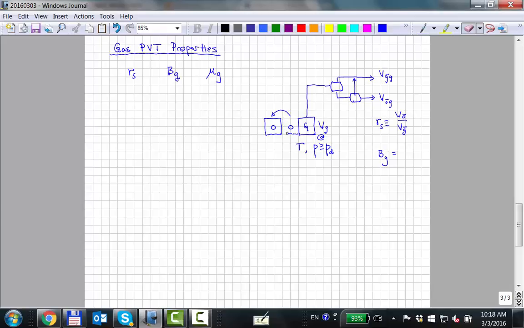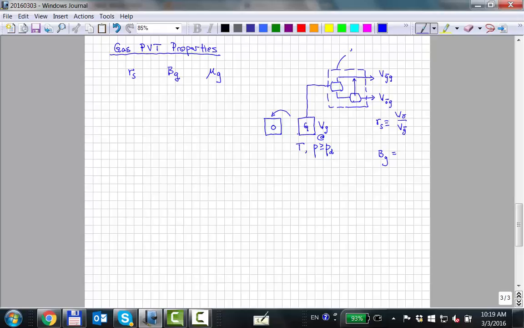I'm just going to get rid of it so that we don't confuse ourselves here. So we're left with this gas at the dew point pressure at temperature T. We take that gas to the surface through a surface process, whatever surface process you want to use: two-stage separator, three-stage separator, single-stage separator, whatever you like.